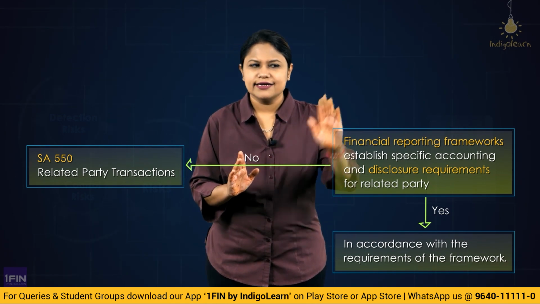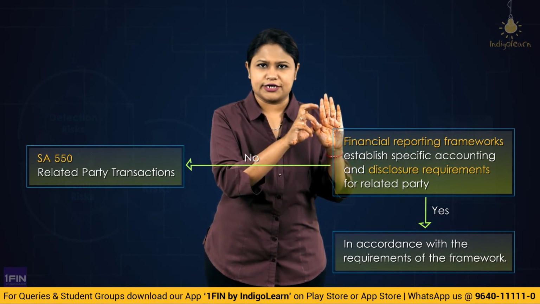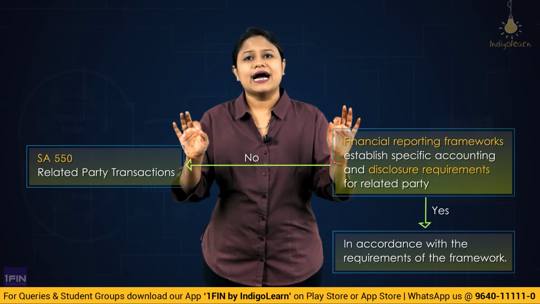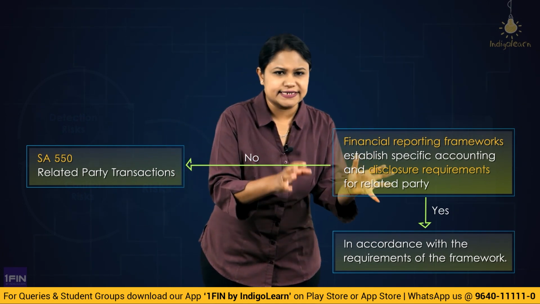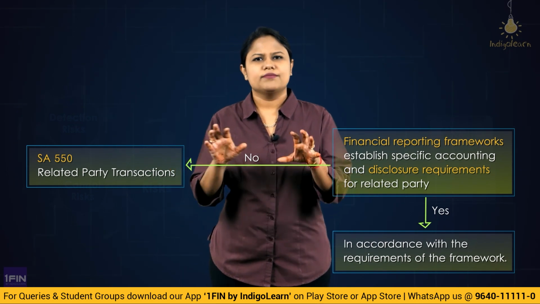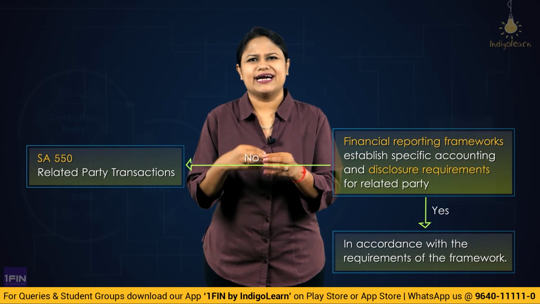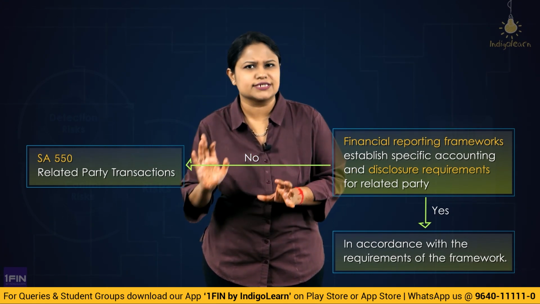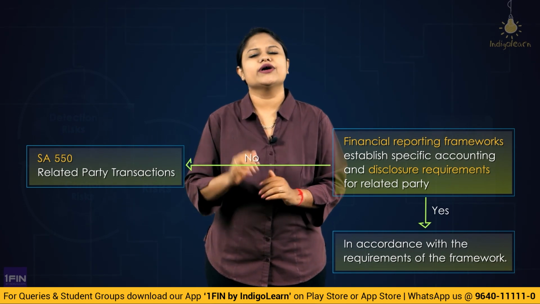So what we understand: if the financial reporting framework discusses the concept of related parties, then whom they call related parties, we are going to take them as related parties, and then we will see whether these kinds of transactions are present. If they are present, what kind of transactions, etc. But suppose the FRF does not discuss the concept, does not give you any idea of who the related party is, or it is not very clear, very minimal information is given, then in that case, SA 550 says, we are there to help you.